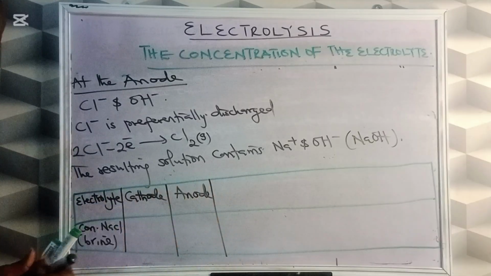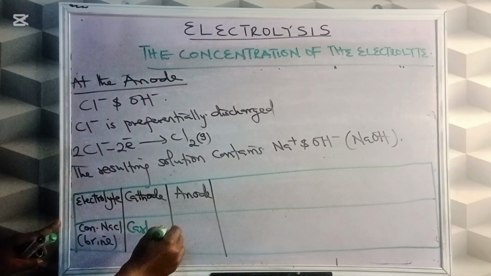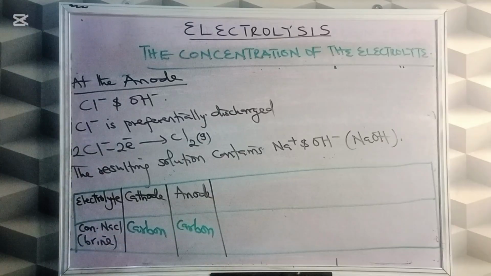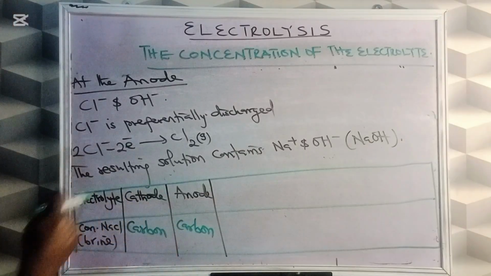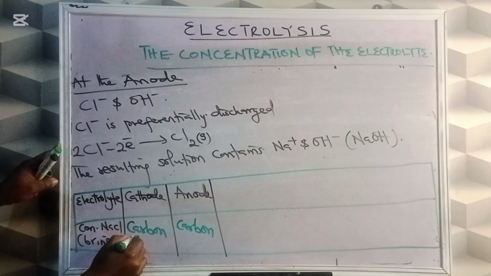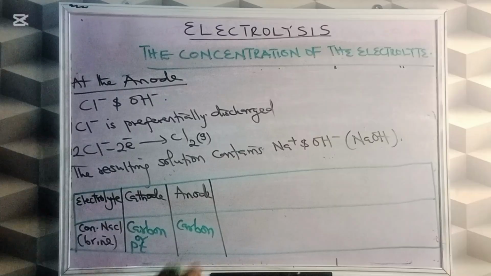I've told you cathode, you can use platinum, you can use carbon. The anode is always carbon, because chlorine gas will attack platinum. So for that reason we use carbon here.